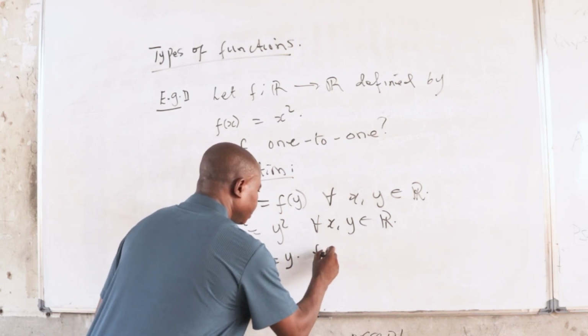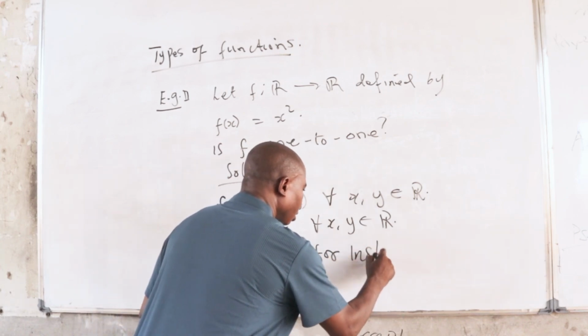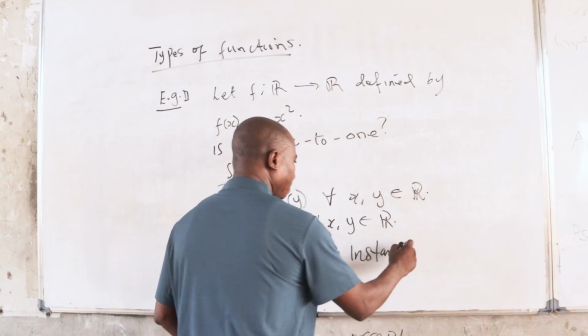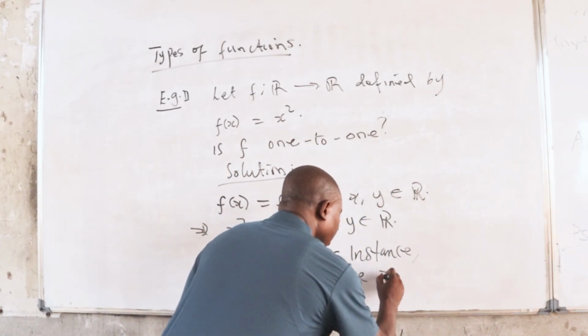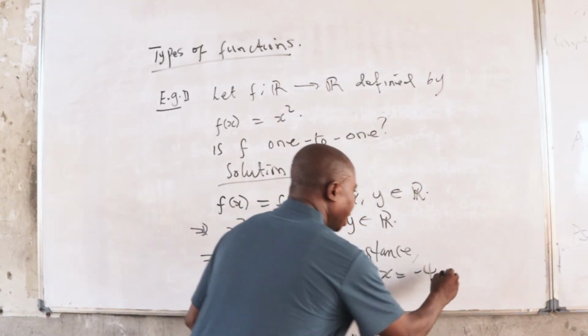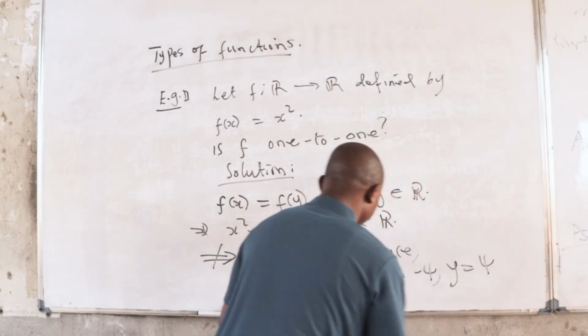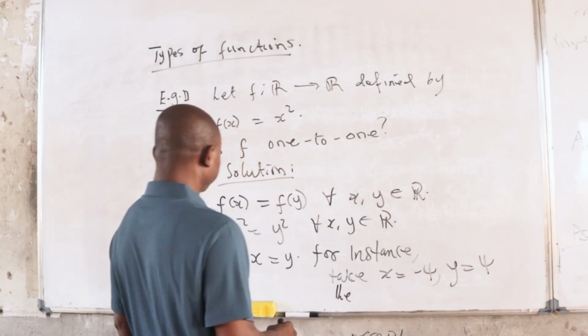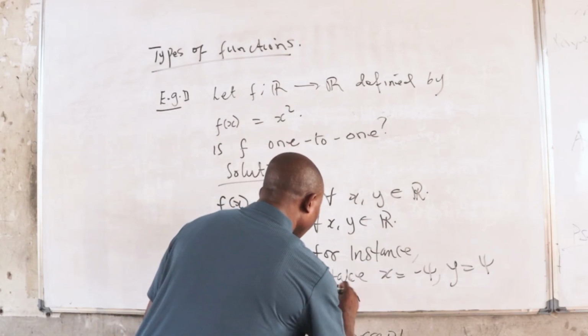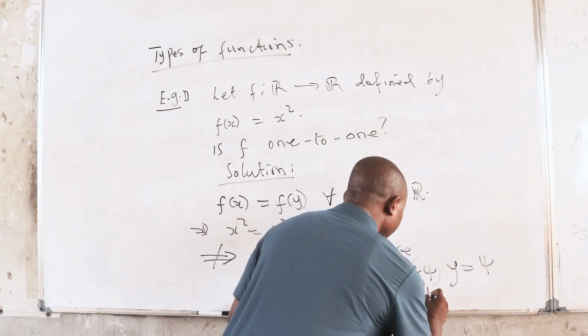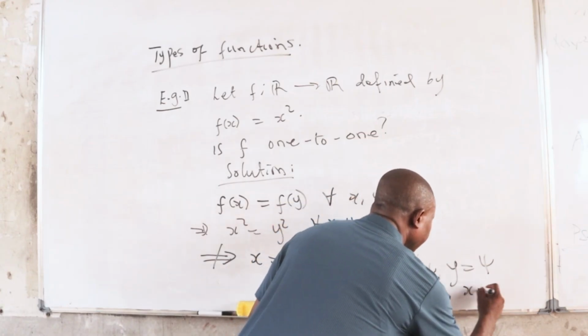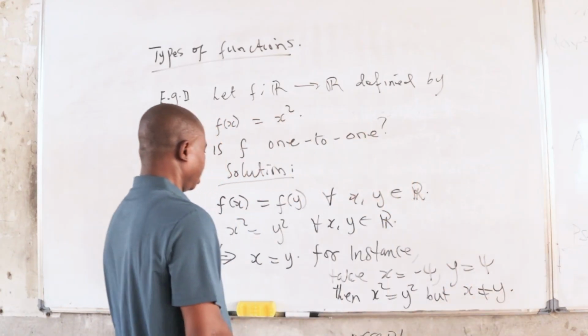For instance, if we take x to be negative 4 and take y to be 4, then x squared is equal to y squared, but then x is different from y.